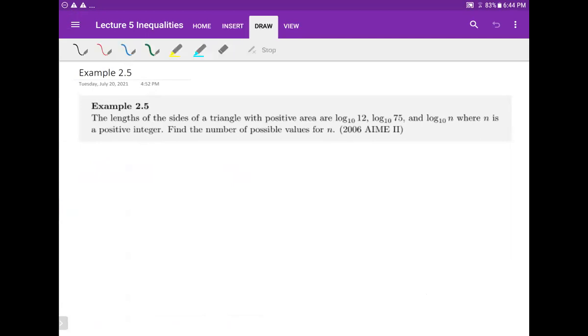If it says with positive area, that means that it's non-degenerate. A degenerate triangle has no area, more specifically. And then it says find the number of possible values for n.